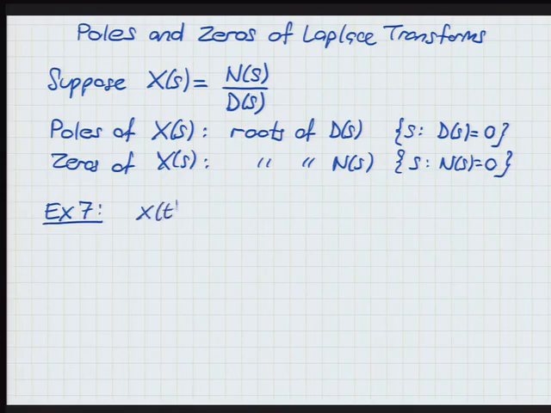This time we have the delta appearing. Maybe while I'm writing this, think about what would be the Laplace transform of the delta function, the Dirac delta. Just apply the definition and you'll see a very easy answer comes up.